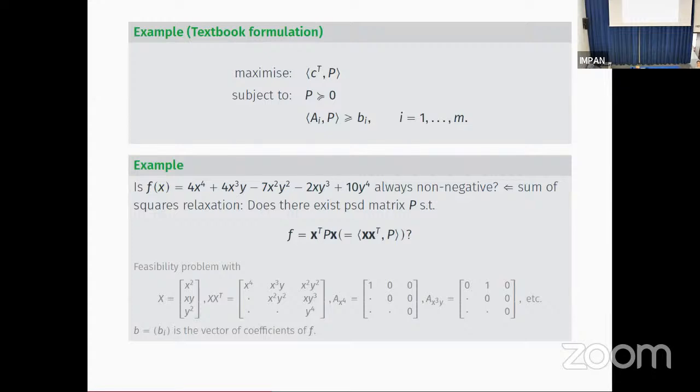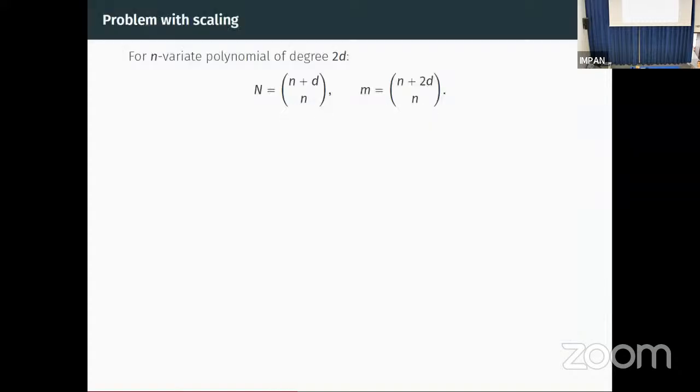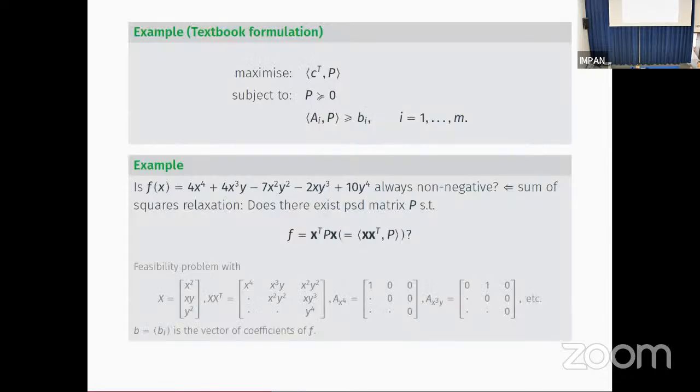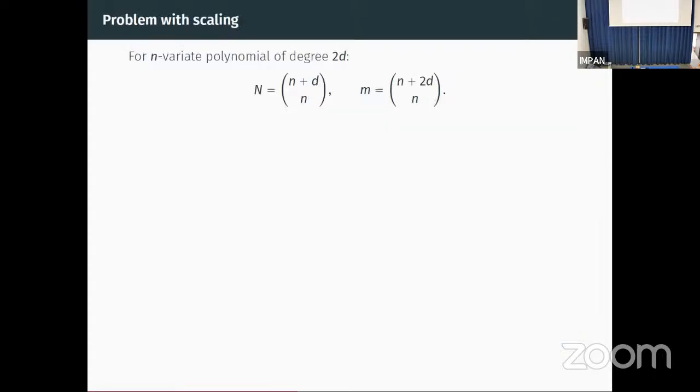So in principle, you should take all monomials up to a certain degree. And this number grows pretty quickly. And when I look at all possible products of monomials from my basis, it grows even quicker. And that means that I have a lot of variables and even more constraints.